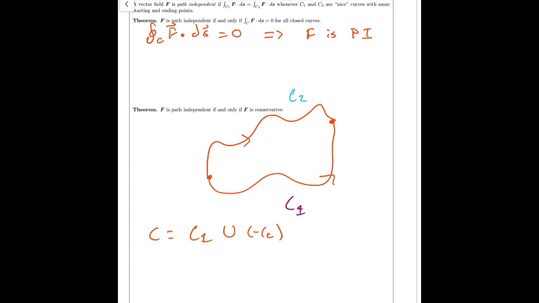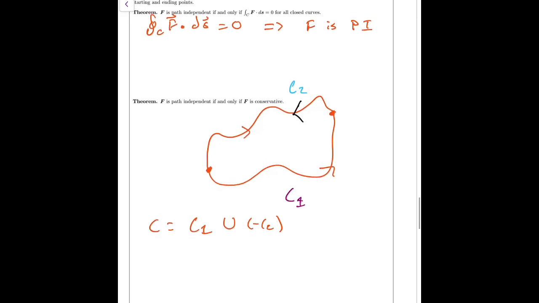So what I mean by that, we start at this point here, go along C1 in that direction, and now we go along minus C2, which remember is just C2 with the opposite orientation. So C2 and minus C2 are the same path, just with different orientation.